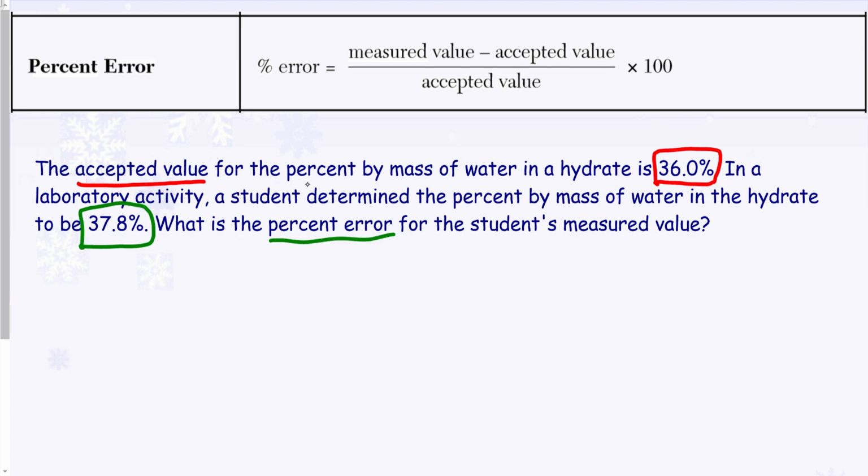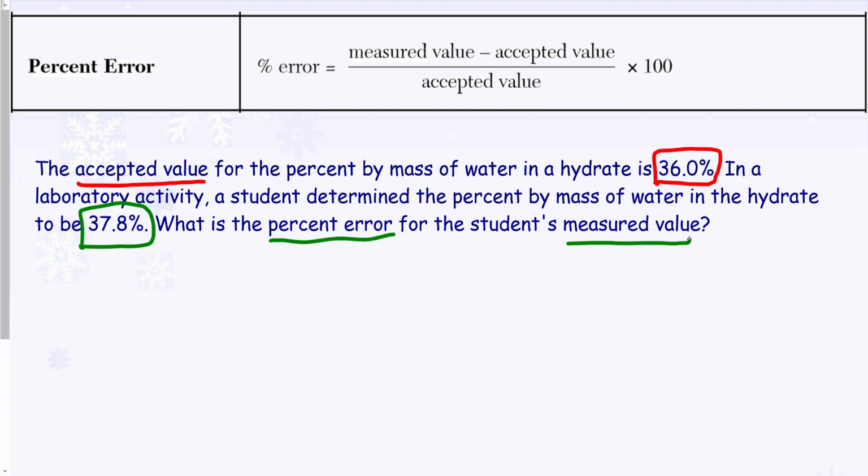And I'm looking at the sentence and I don't see the word measured. So again, use your logical reasoning to figure out what the value is. Is it accepted or is it measured? And that would guide you towards the right track.